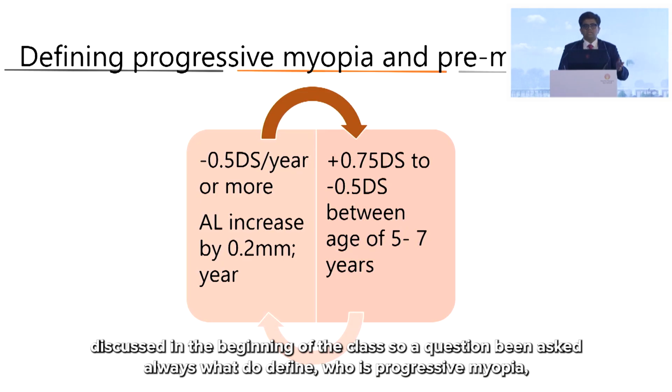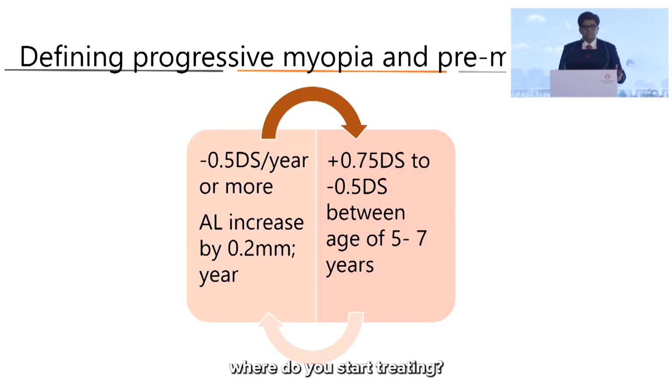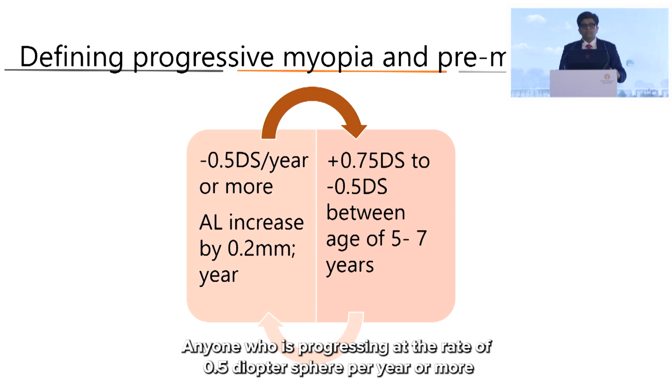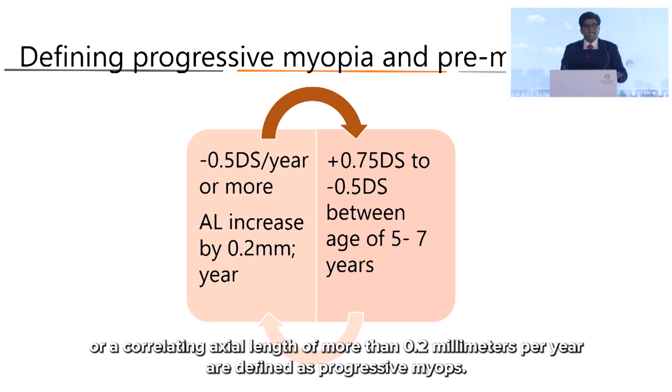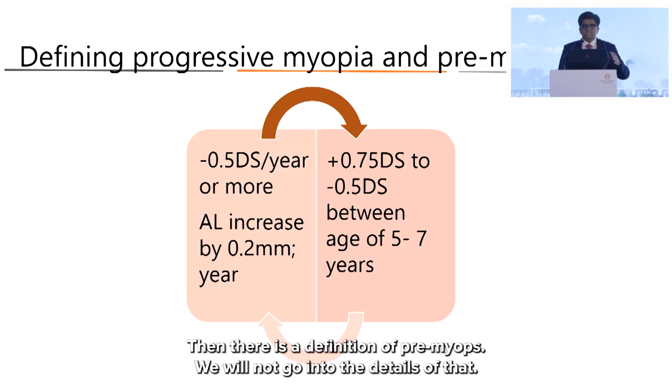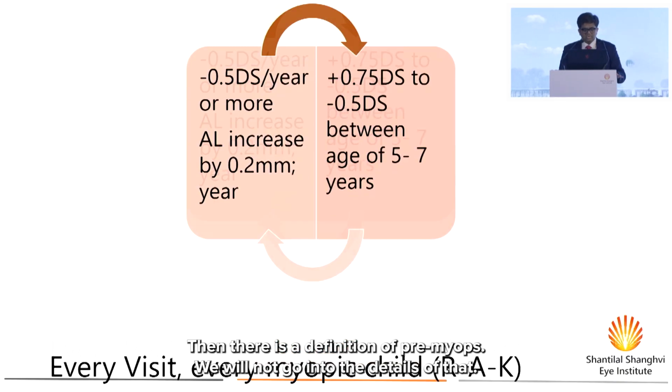So a question being asked always, how do you define who is a progressive myope? Where do you start treating? Anyone who is progressing at the rate of 0.5 diopter sphere per year or more, or a correlating axial length increase of more than 0.2 millimeters per year, is defined as a progressive myope. Then there is a definition of pre-myopes. We'll not go into the details of that.